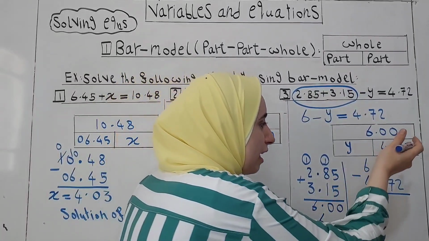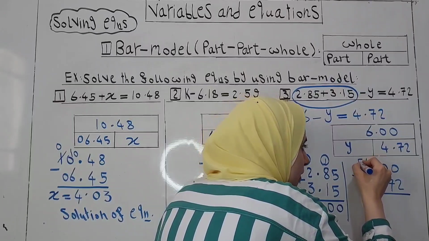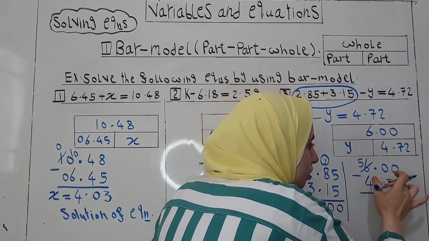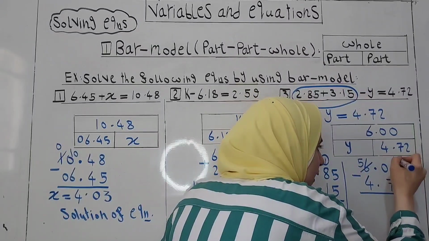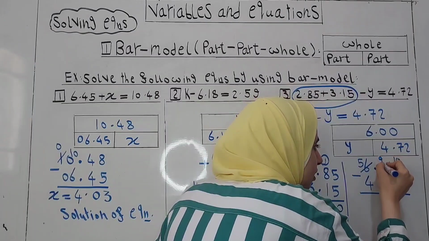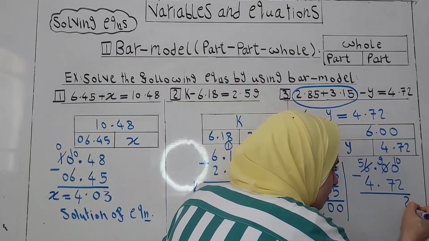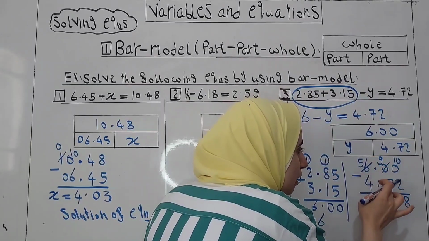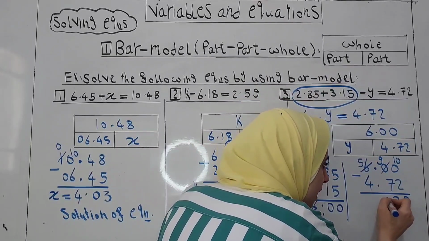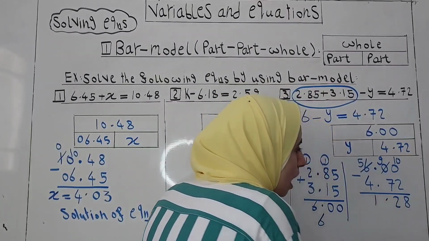No. So go directly to the digit 6 and take 1, it will be 5. And add 10 to the digit 0. It will be 10. And cross out the 0 in between and make it 9. Now 10 minus 2 equals 8. And 9 minus 7 equals 2. We reach the decimal point. Bring it down. Now 5 minus 4 equals 1.